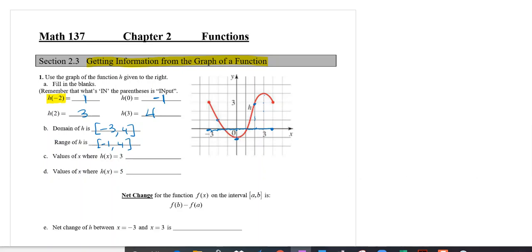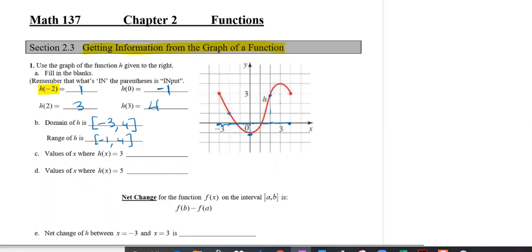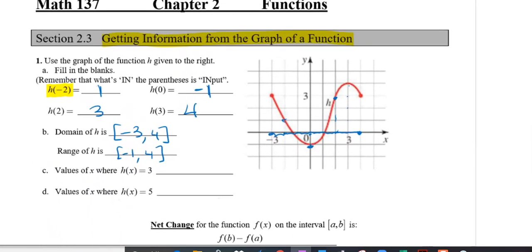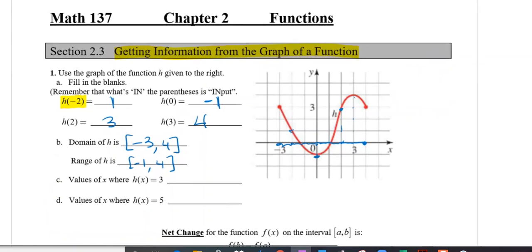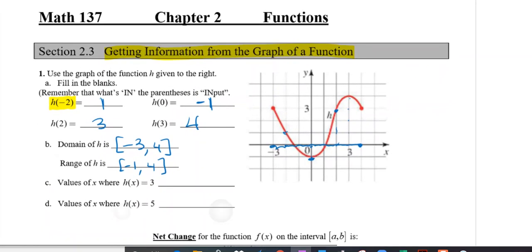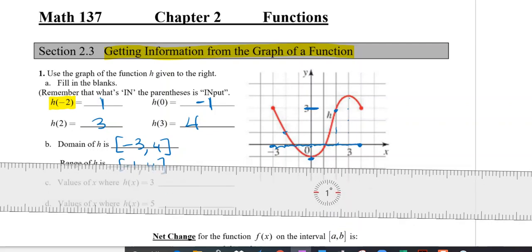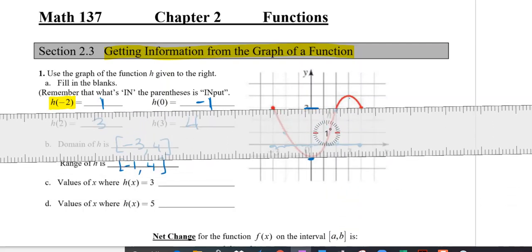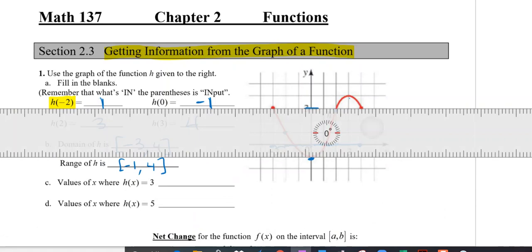The next 2 questions give you the output because the number that you see is outside. So it's the output, and we're looking for x, the inside. We're looking for the input, so we want to know when h of x equals 3, that means when y equals 3, what x values does that correspond to? So when y equals 3, where do we hit the graph?